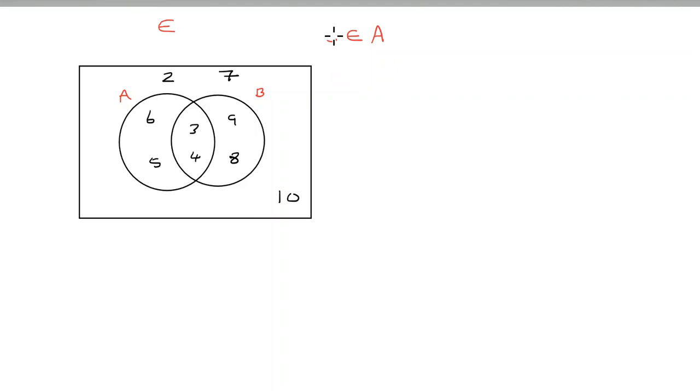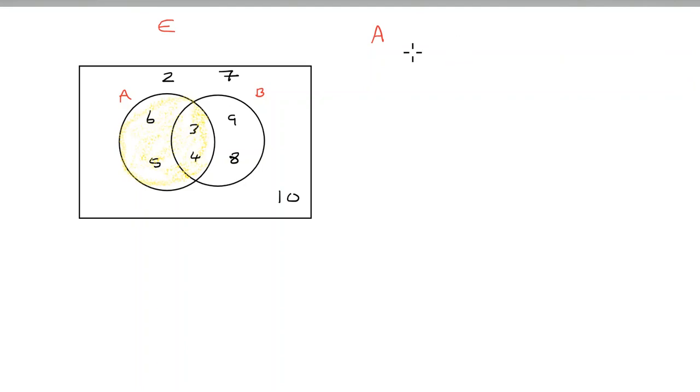So let's just work on this one. We're asked to list all the elements in the set A. If we look at that on the Venn diagram, set A is everything that's inside here. So that's going to be all set A. All the elements that are in set A, you would just list them out.